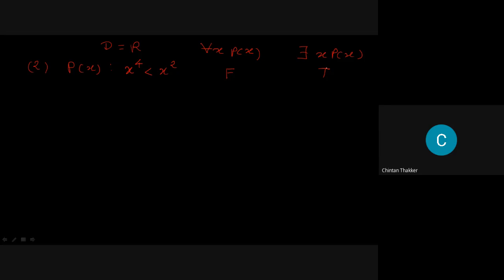If you take 0.5, then 0.5 raised to 4 is 0.0625 and 0.5 square is 0.25. So 0.25 is greater than 0.0625. So for 0.5, the statement is true. Therefore, you got the witness. So there exists x P(x) is true.